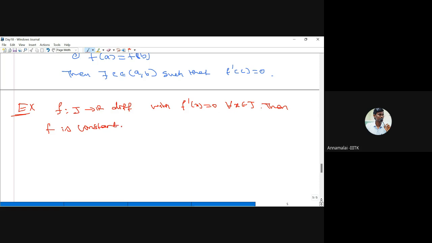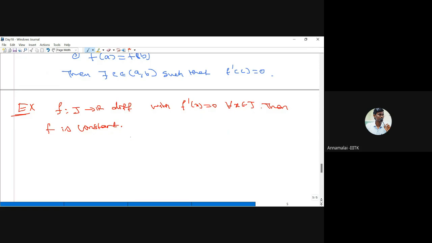That is one application. When we say a function is constant, every point in the domain maps to the same value, that is, f of x equals f of y for any x, y. Any two different elements map to the same thing. That is a constant function.